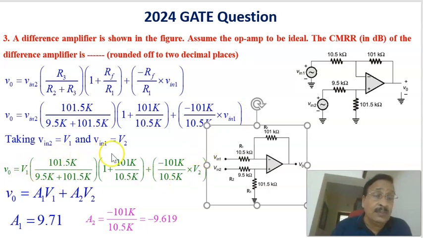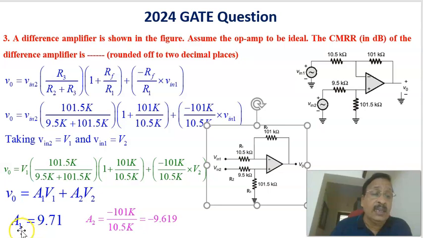This term is called A1, and this term is defined as A2, so V0 equals A1 V1 plus A2 V2, where A1 is this much, which will be calculated to be 9.71. And A2 will be equal to minus 101 kilo ohm divided by 10.5 kilo ohm, or equal to minus 9.69.